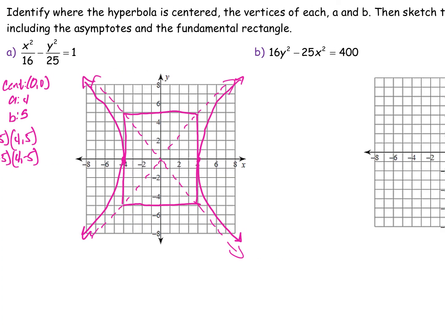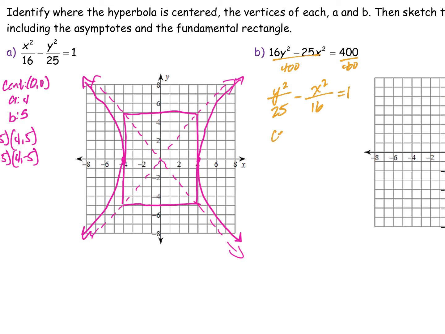Number 2, oh my goodness, divide by 400. So y squared over, I don't know what 400 divided by 16 is. 400 divided by 16. 25. 25 minus x squared over, I bet it's 16. And then equals 1.